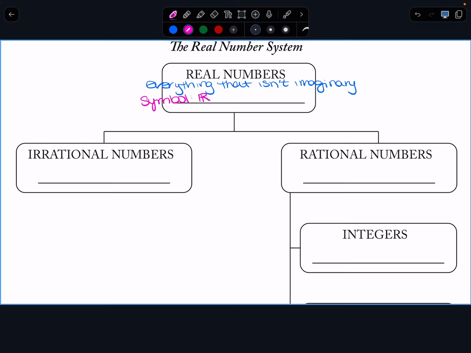Now, this is a flow chart. So what happens is after my real numbers, I'm going to split off into two different things. My two different things are: is it a fraction or is it not a fraction? Anything that can be written as a fraction is what we call a rational number.